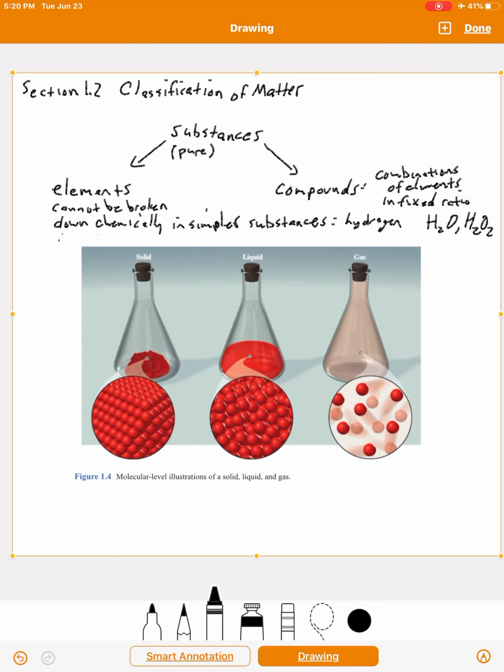So the fixed ratio that we're talking about, what we mean is that if it's water, it's 2 hydrogens for every oxygen. If it's hydrogen peroxide, it's 2 hydrogens for every 2 oxygens. Okay? Relatively simple there.